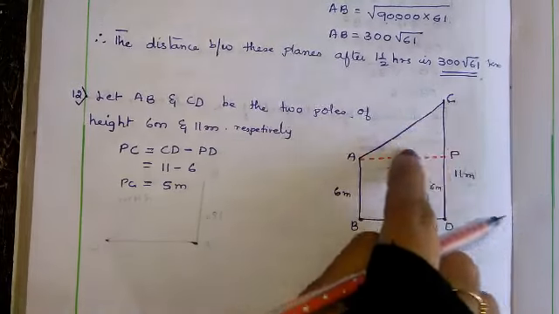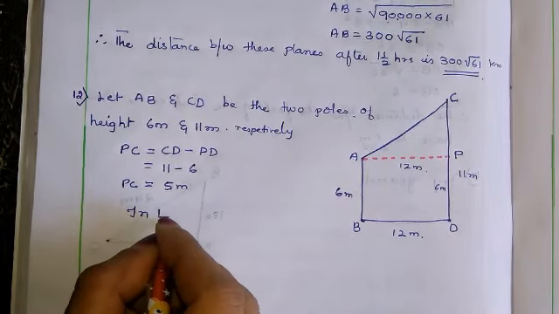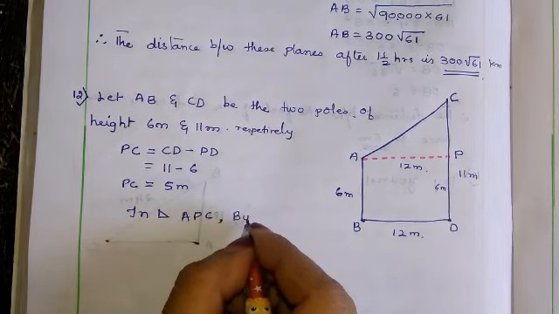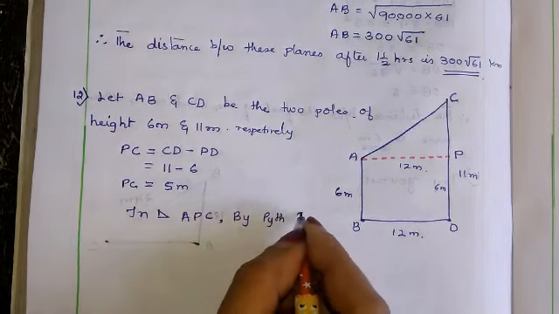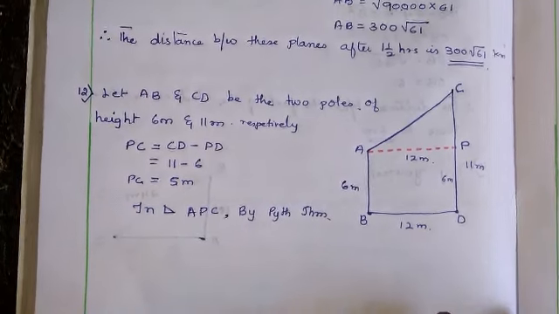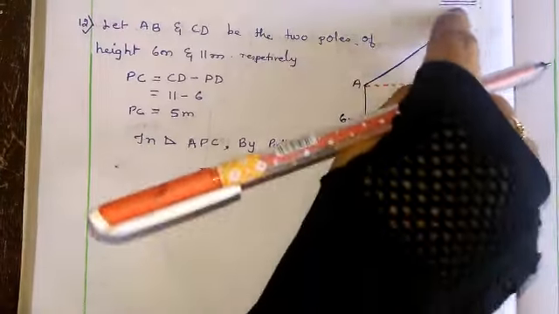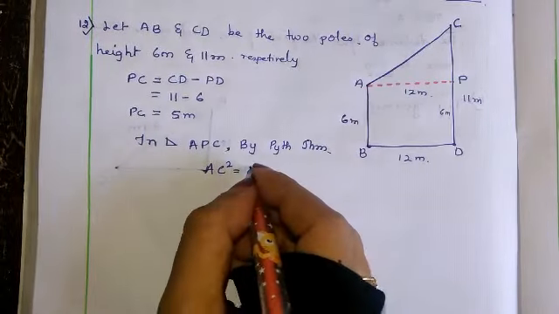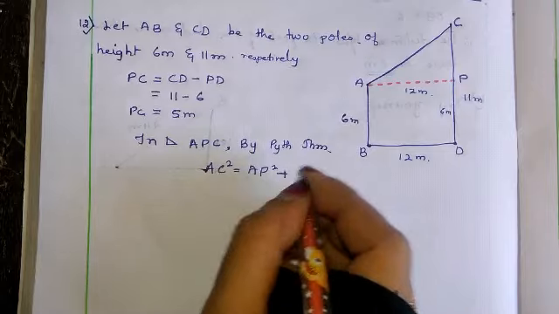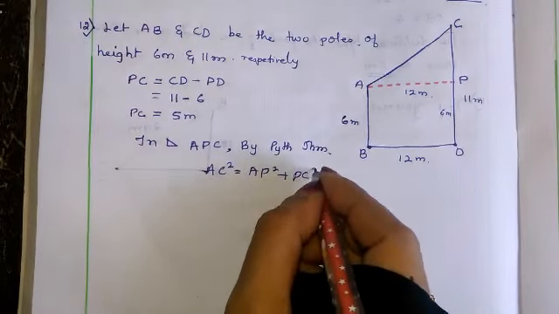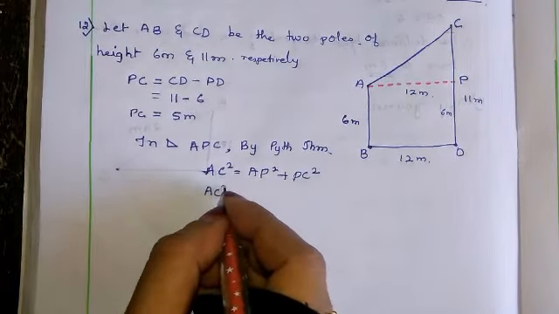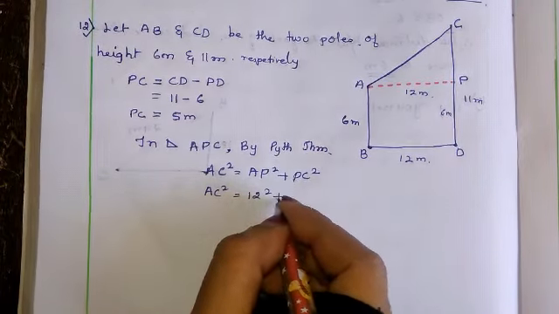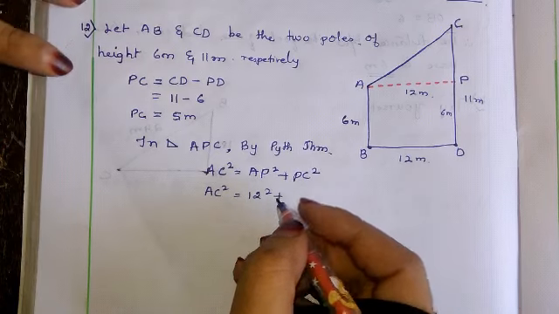Now let us see in triangle APC, by Pythagoras theorem, AC square is equal to AP square plus PC square. AC we don't know, AP is 12 and PC just now we found is 5.